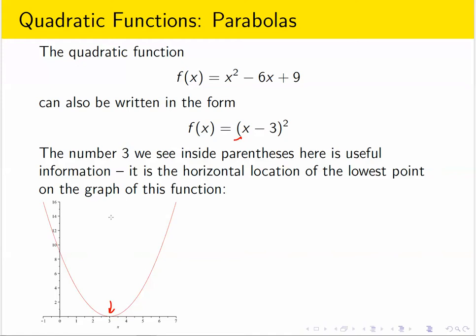This shape we see here is typical of a quadratic function, this U shape. Quadratic functions always have either this shape or this shape, a U-like that opens upward or downward.